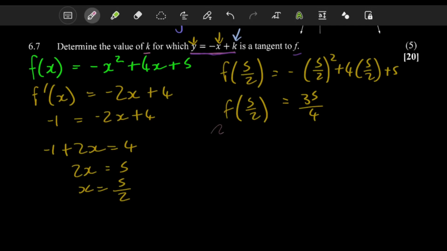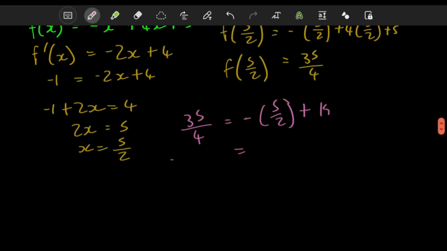So y here is 35/4, and the x value is 5/2, and then k is k. Everything to one side and you leave k on its own. So here our k value is 35/4 plus the 5/2 there, which is 45/4.